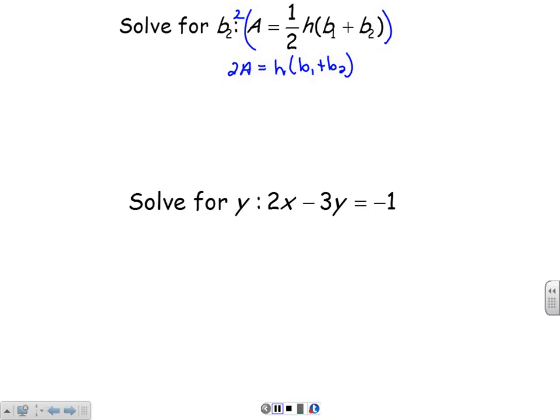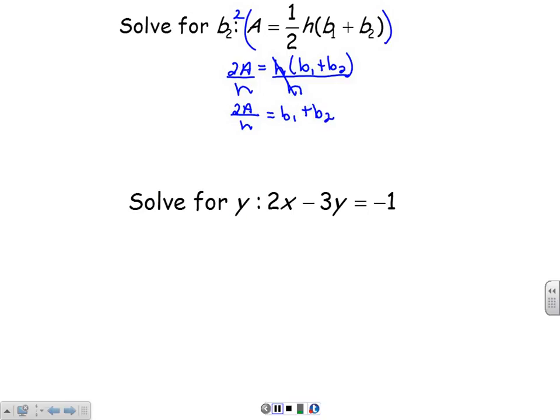Now, I need those parentheses to go away, and the way I'm going to get rid of those parentheses is normally we would distribute, but instead of distributing, what I want to do is I want to divide both sides by h. So we're basically going backwards. So we have 2a over h is equal to b1 plus b2, and now the parentheses are gone.